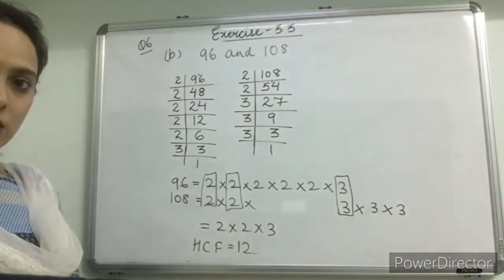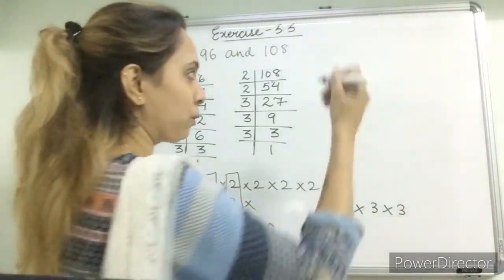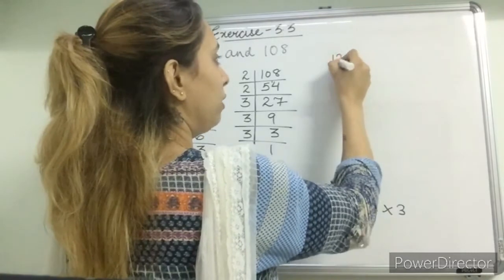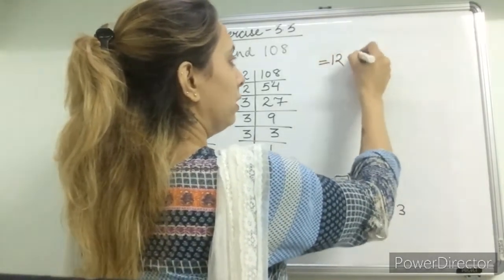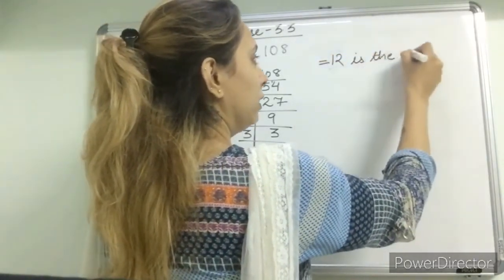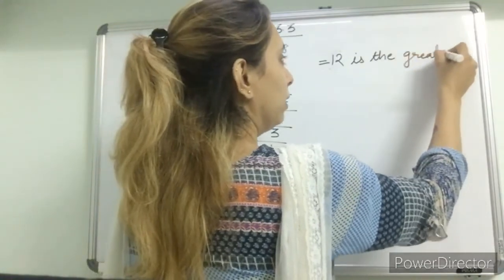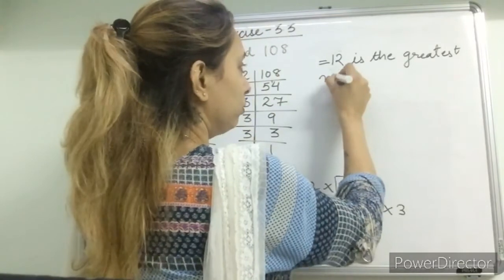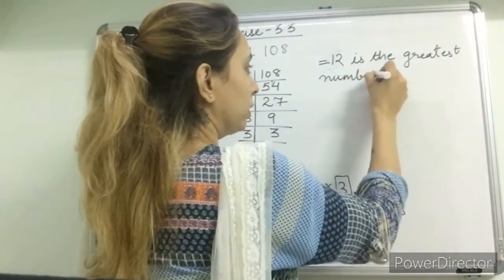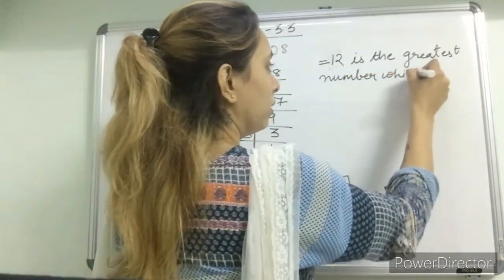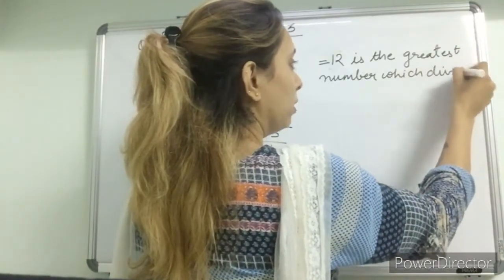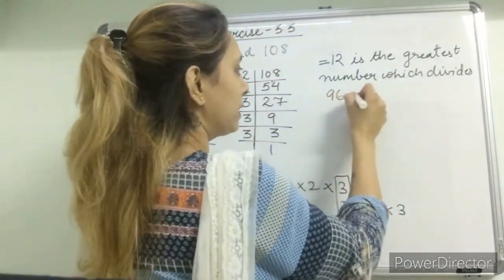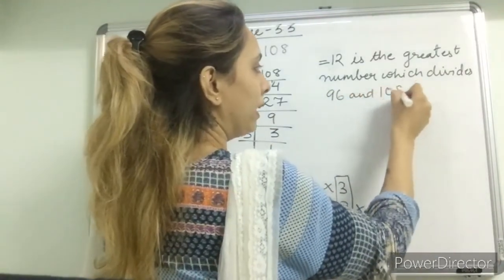After this you will write this statement which I am writing here. 12 is the greatest number which divides 96 and 108.